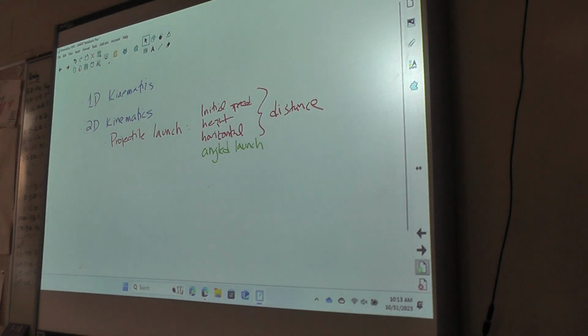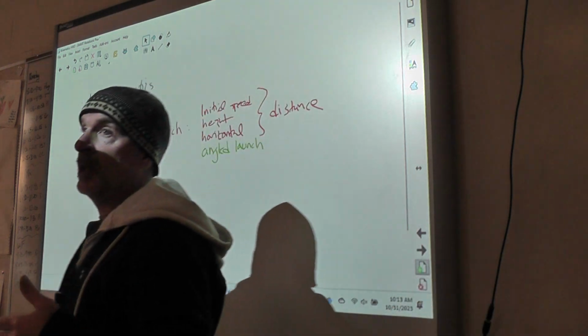Yeah? Just to be clear, when you talk about deducing distance from those pieces, and you say that's a must have, you don't mean that the formulas need to be memorized? Correct. The question was, do we need to have the formulas memorized? No, you don't. Even for AP students, you will be given the formulas.